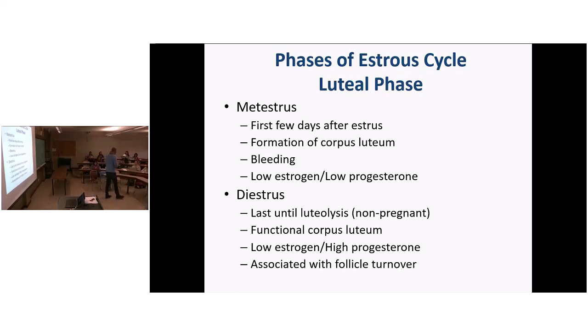Once you have basically drastic changes in progesterone and estradiol, they tend to have opposite effects on the vascular surface, especially those that are tied with the endometrium.